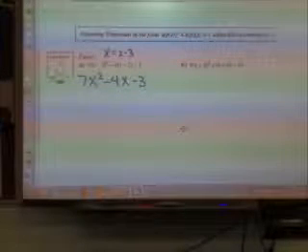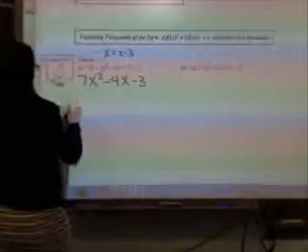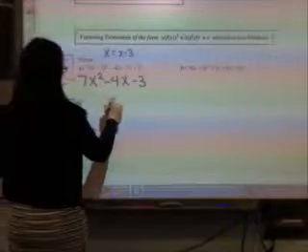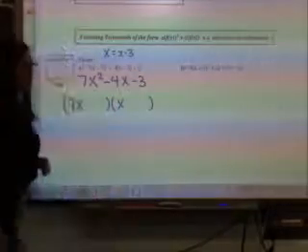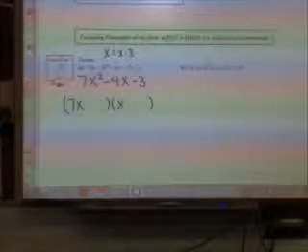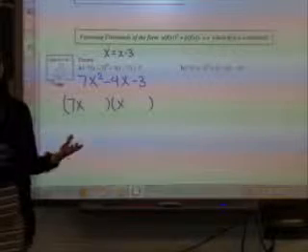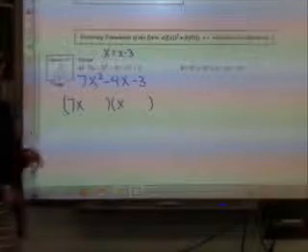So with A, the 7 and the negative 3 are both prime numbers. So the only way that I can get a 7A squared is to multiply 7A by A. And then to get negative 3, the only way I can get the negative 3 is the negative 3 and 1. I just need to figure out where to put the 3 and where to put the 1.